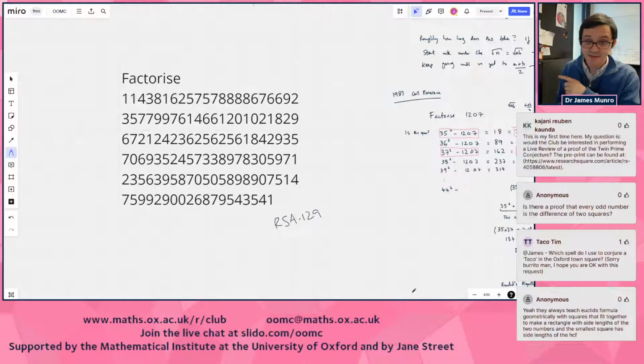When quadratic sieve methods were invented, they were used to factorize this number on the board, RSA129, which was the largest one of these challenge numbers to be factorized at the time, which is surprising because people have made estimates of how long it would take to factorize a number that large using the previous methods. There's a security question here, I suppose.